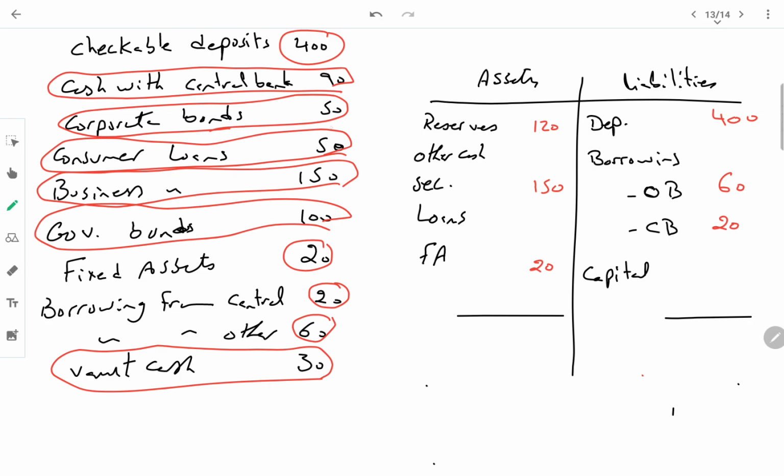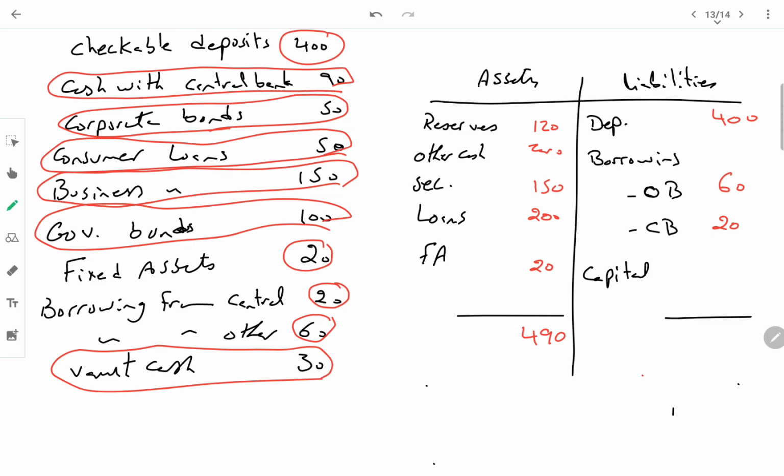It will be 50 plus 150, which is 200. Other cash items are 0. So the total assets will be 490. With respect to the liabilities side, it's 400 plus 60 plus 20, which is 480.